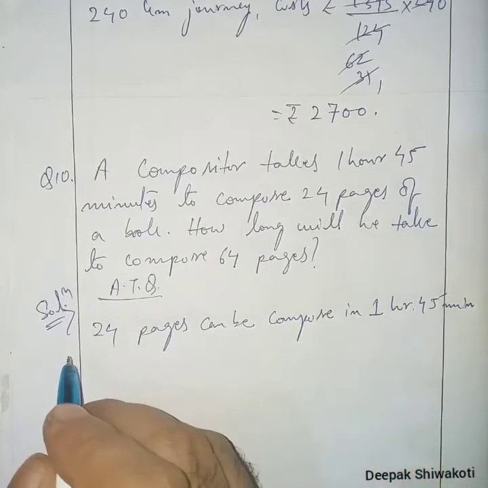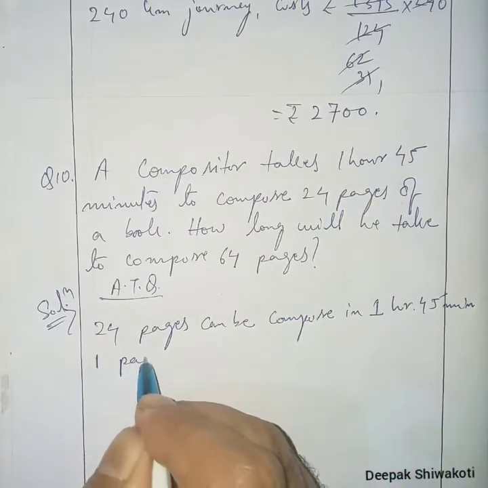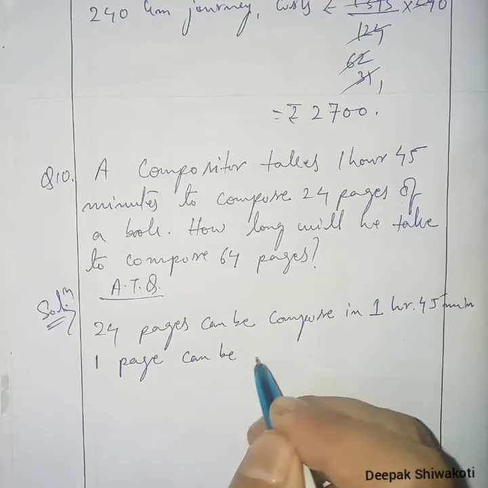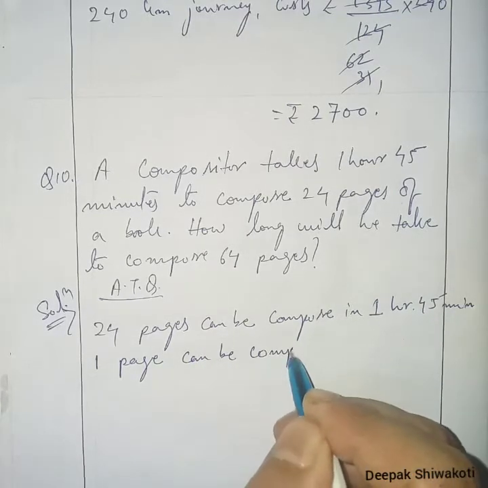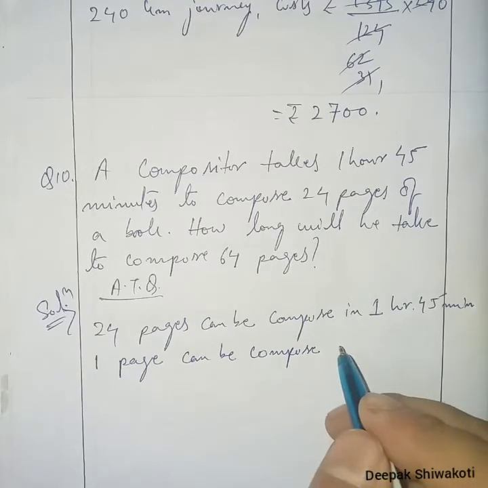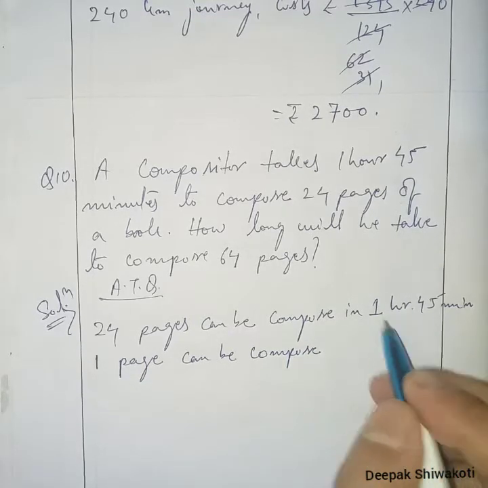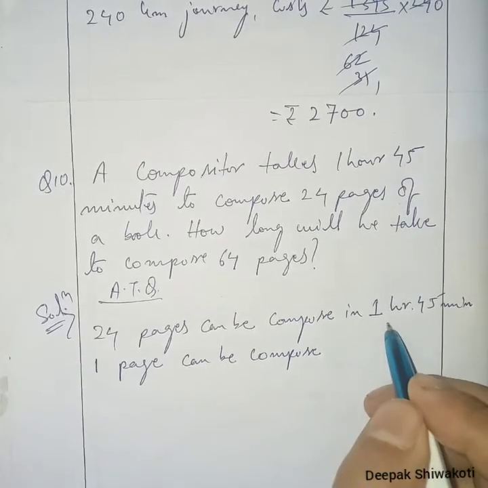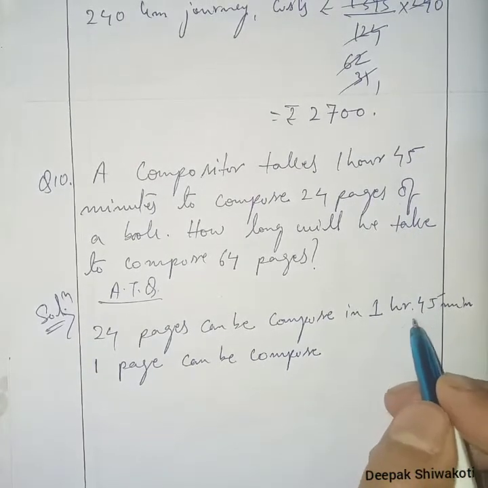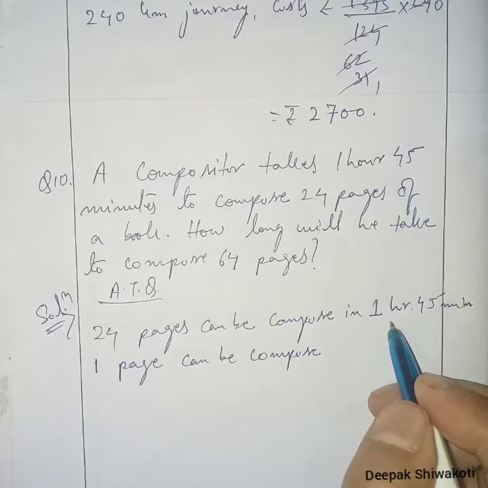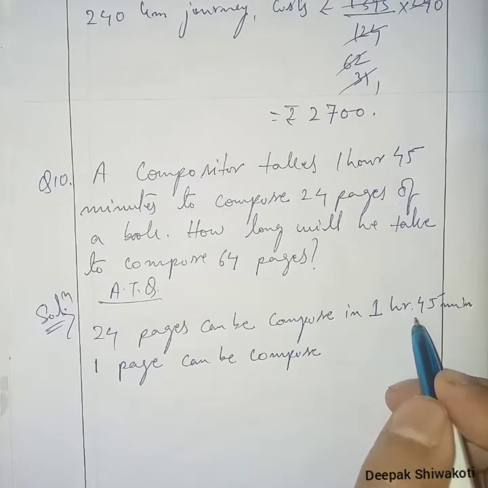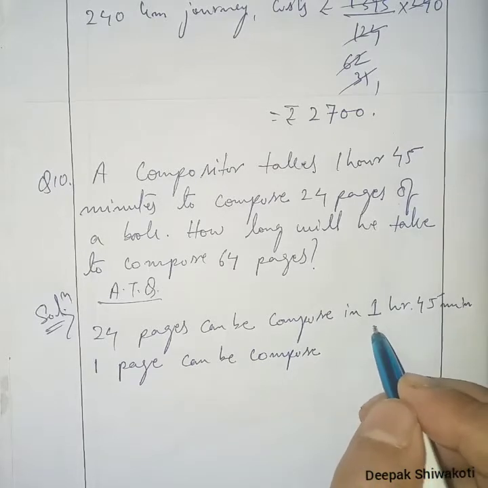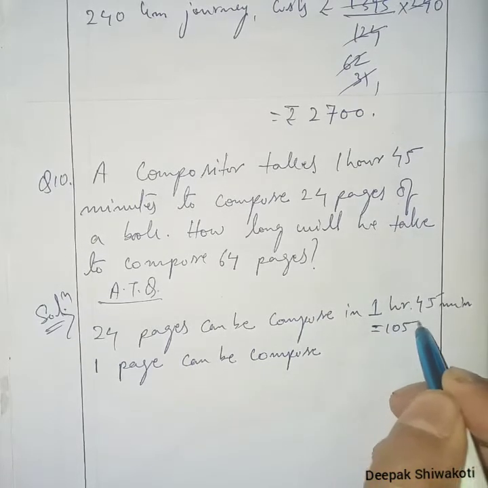Okay, one page can be composed. First we'll convert this one in minutes. So 1 hour 45 minutes, 1 hour is 60 minutes and 45 minutes is there. 60 plus 45 is 105 minutes.